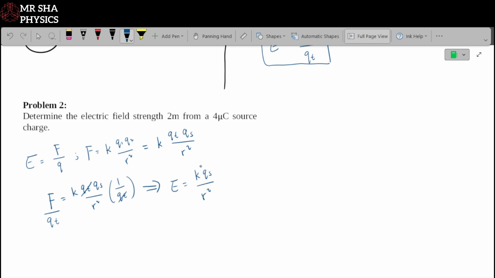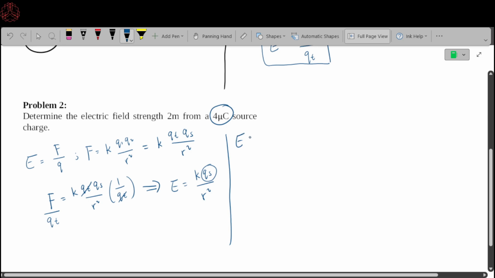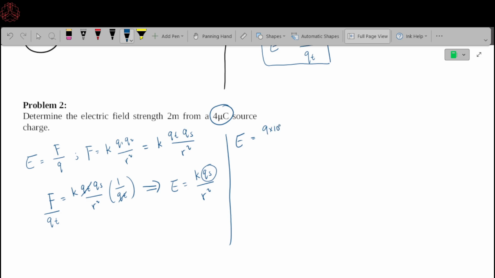It's very important that the charge we're looking at is the charge of the source of the electric field. In problem number 2, the source charge has a charge of 4 microcoulomb. So to calculate the electric field at that distance, I have 9 times 10 to the power of 9, which is K, times the source charge, 4 times 10 to the power of negative 6, over 2 squared, because it is 2 meters.